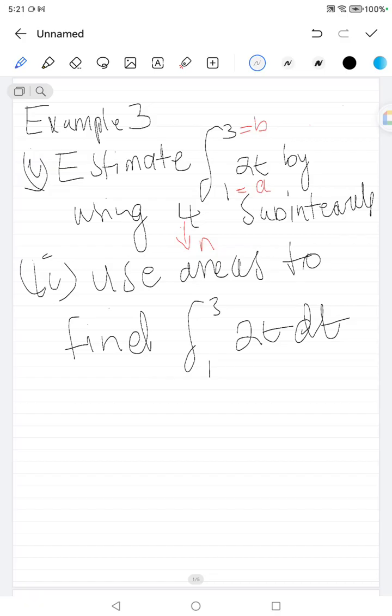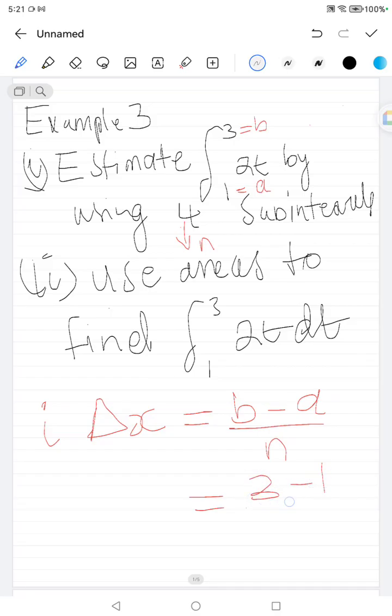So now you go and work out the values that are supposed to be included. Calculate your delta x. What do you have? You have your b minus a over n, which is your 3 minus 1 over 4. This is the same as having 2 over 4.